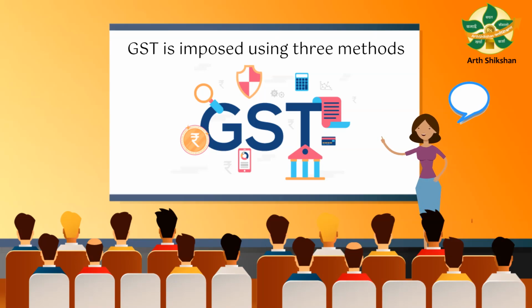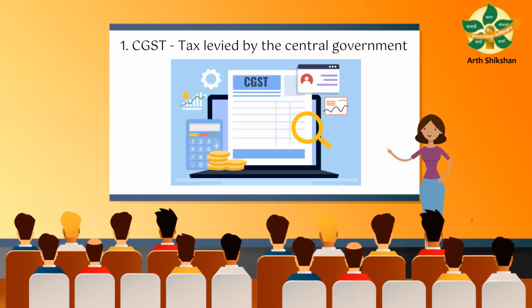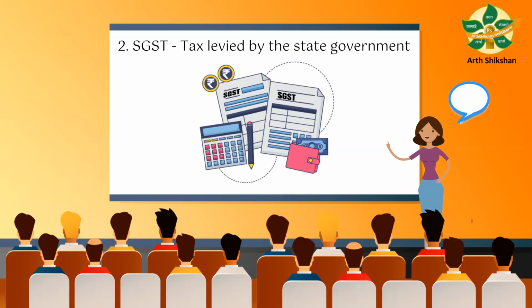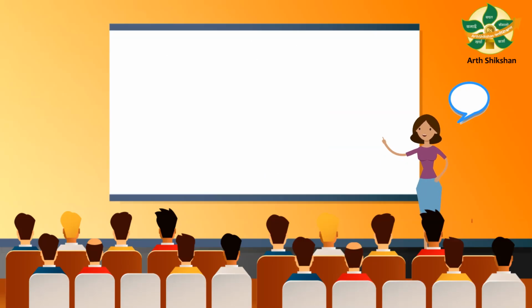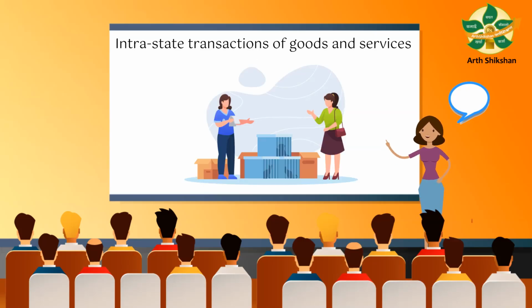GST is imposed using three methods. First, CGST, levied by the central government on any intrastate transaction of goods and services. Second, SGST, levied by the state or union territory government for goods manufactured and sold within the same state, that is, intrastate transactions of goods and services.